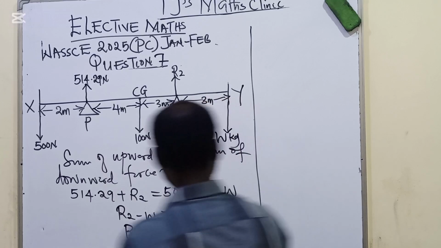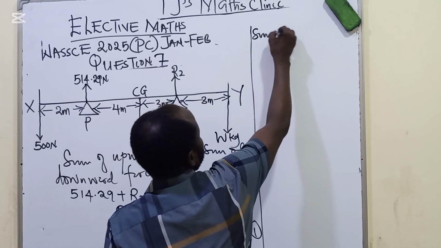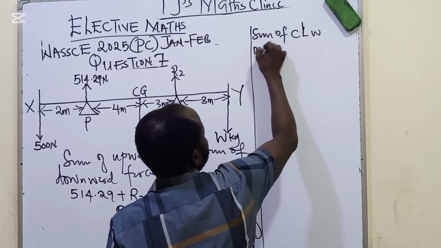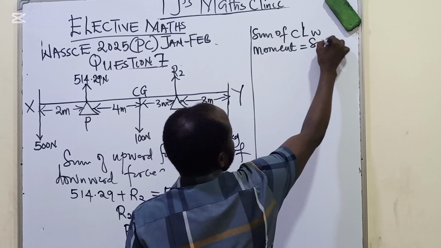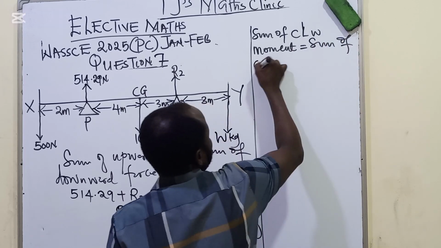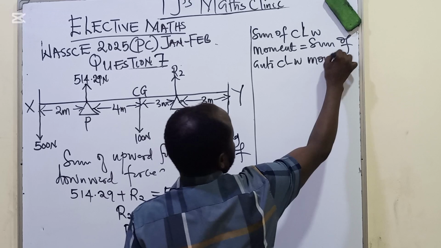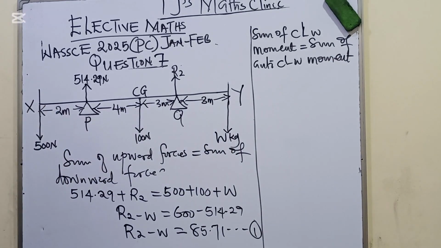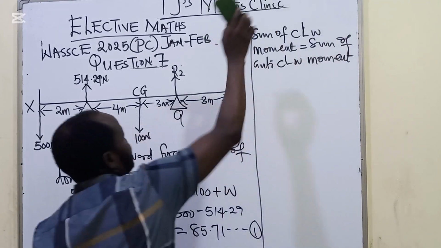Okay? Again, sum of clockwise moment will be equal to sum of anti-clockwise moment. Very important. So let's now look at the forces that are acting in clockwise direction.